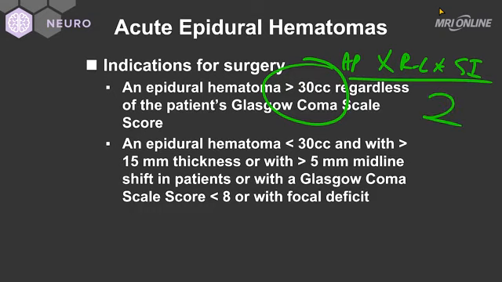However, an epidural hematoma that in one cross-section is 15 millimeters thick or more, or one that leads to greater than 5 millimeters of midline shift, usually at the level of the septum pellucidum, would be an indication for surgical intervention as well.